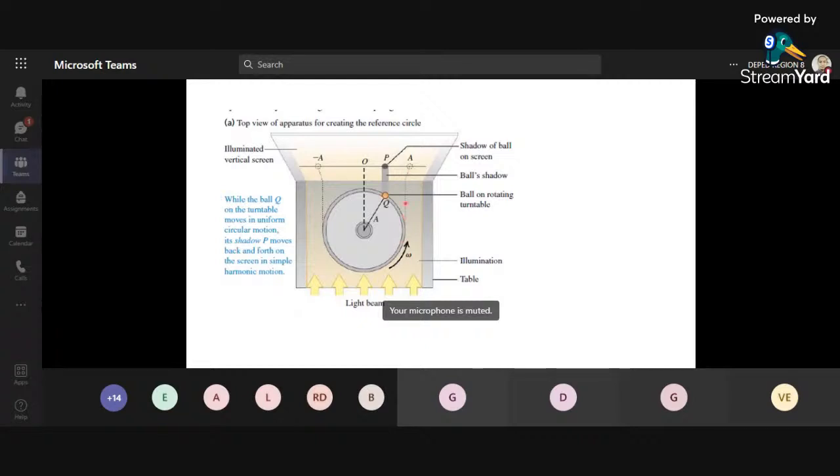So this is the amplitude of the system, which is equal to the radius A of this turntable.